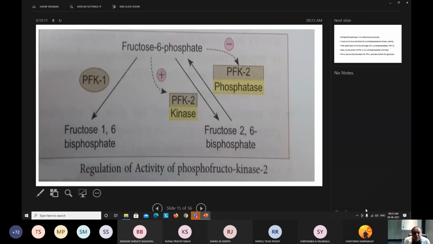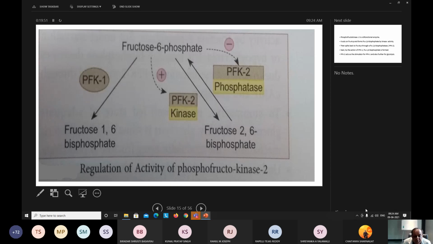Now, first fructose 6-phosphate is not directly acted upon by PFK1. Fructose 6-phosphate has a bivariant reaction, or the actions will be there in two ways. One, fructose 6-phosphate will get acted upon by PFK2, that is phosphofructokinase 2 kinase, and it will form fructose 2,6-bisphosphate.